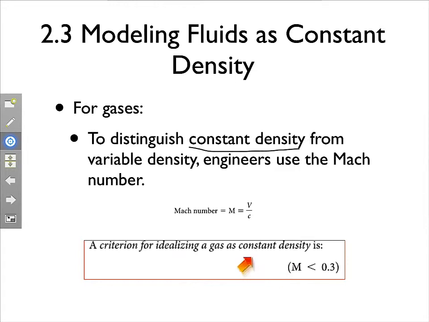If it is, then you can be assured that you can ignore this effect. Now, obviously, when we do not meet this criterion, what's probably going on is the pressure variations across the gas are so high that we're probably inducing a lot of volume change.